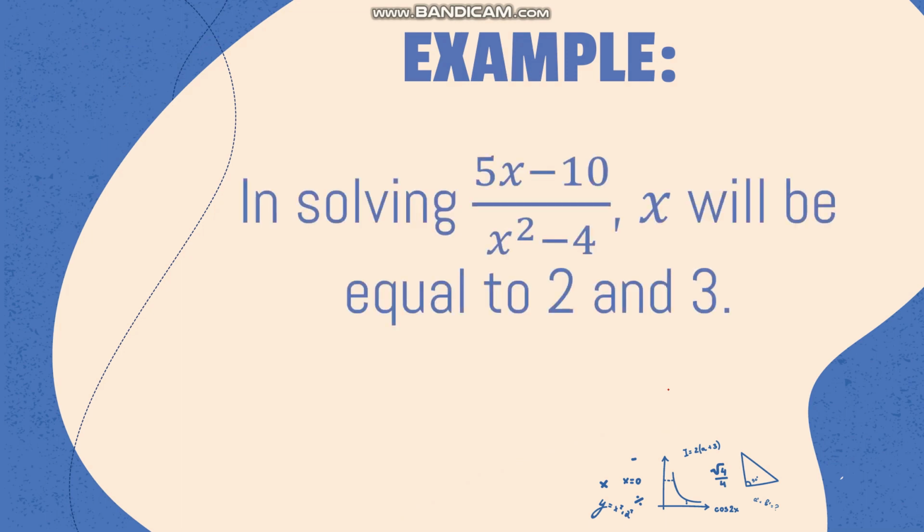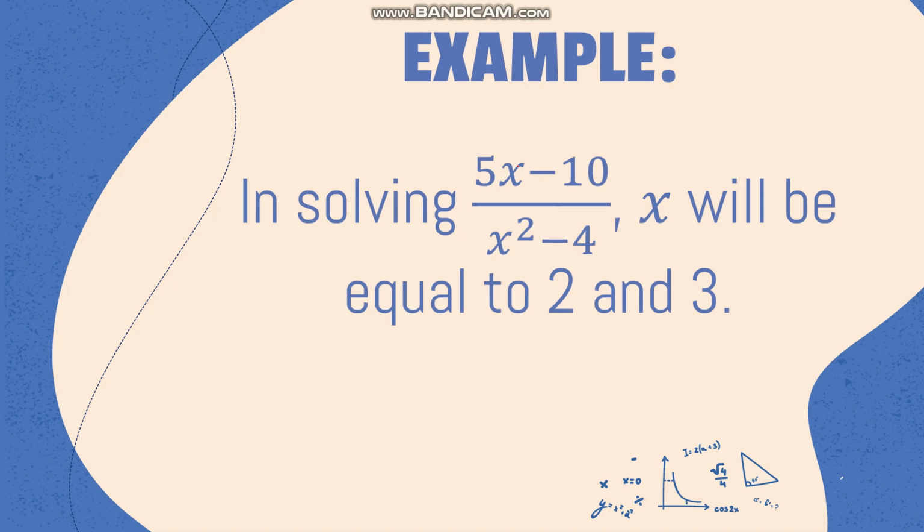Example. In solving 5x minus 10 over x squared minus 4, x will be equal to 2 and 3. As you can see here, there are two values of x, or two solutions, as we solve the given rational expression.